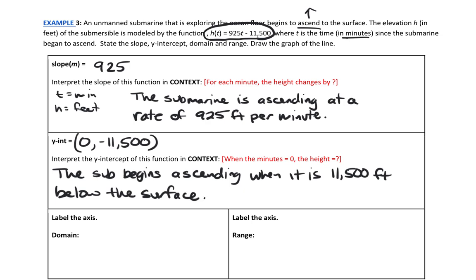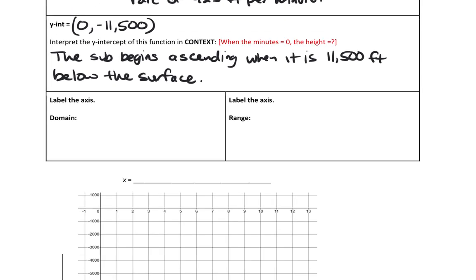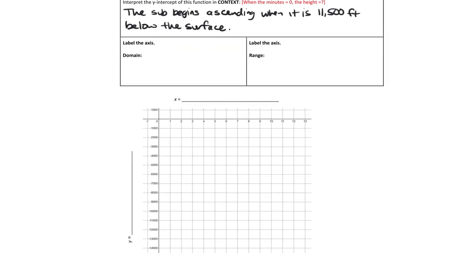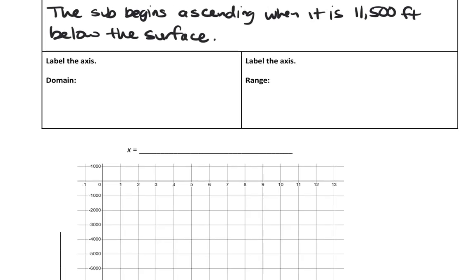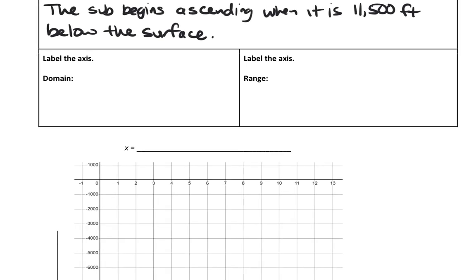Okay? All right, so what's next? Ooh, all right, we're going to graph this. Okay, so the first thing we're being asked to do is label the axes and determine the domain and the range. Okay, so we're not working with x's and y's now. The domain here is the input, so that's t, right, in time.